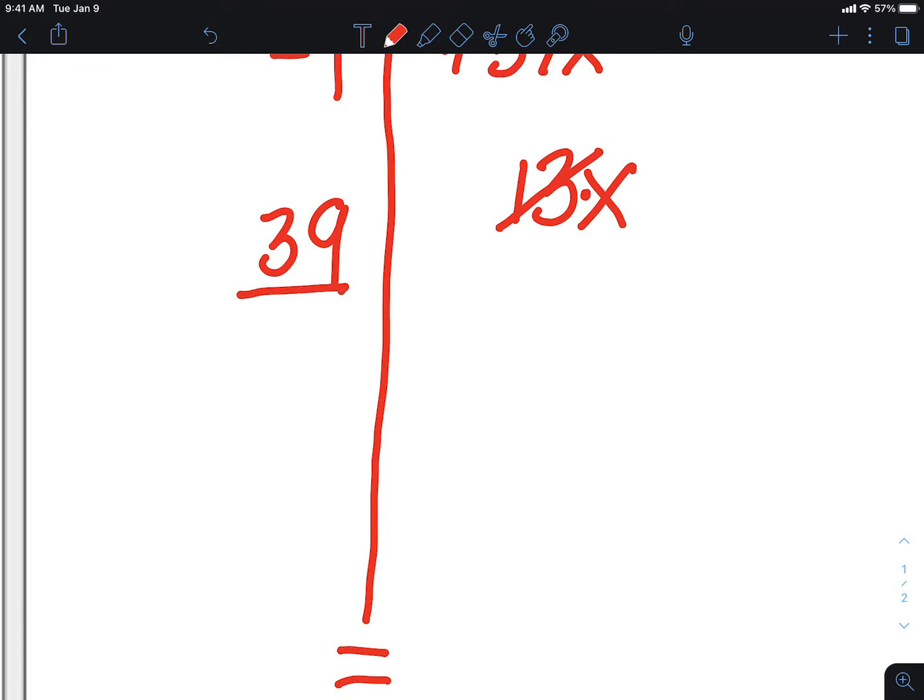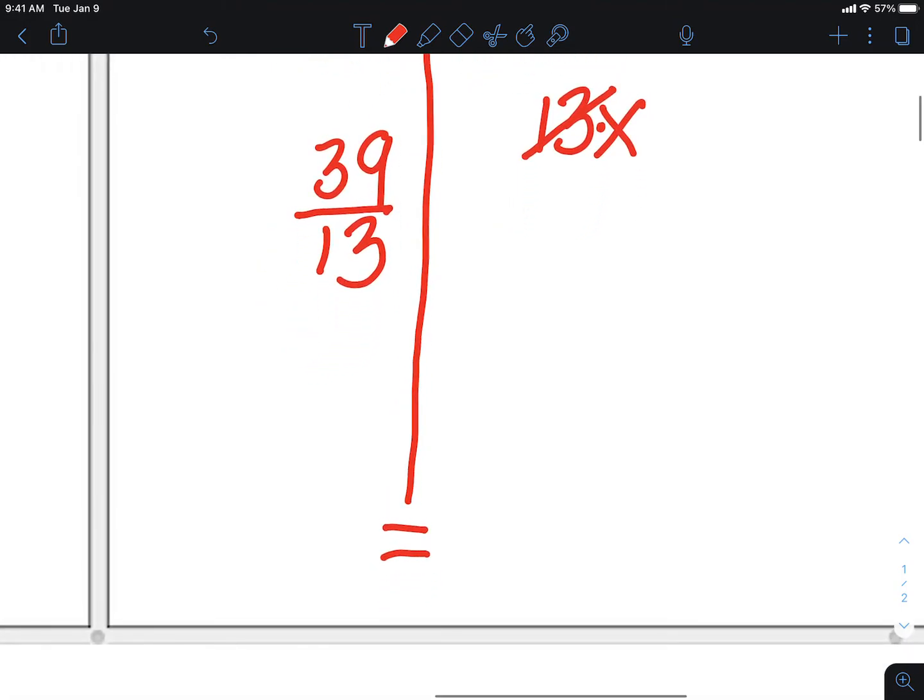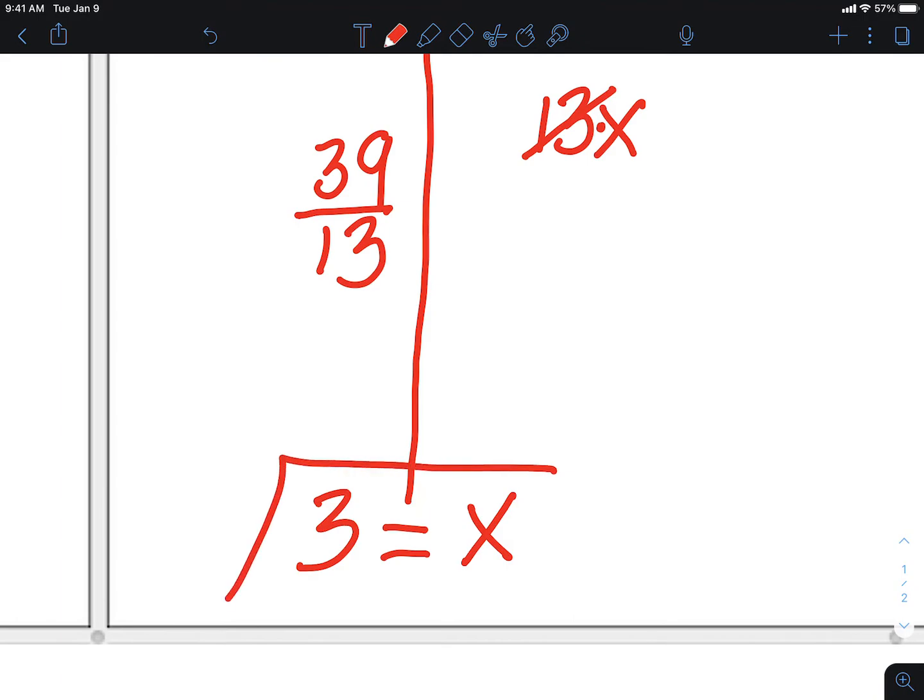So I'm going to divide by 13 here, just like that. And this x, actually I could have brought it down earlier, but this x comes down now, just like that. And 39 divided by 13 is 3. And there's that. Just like that.